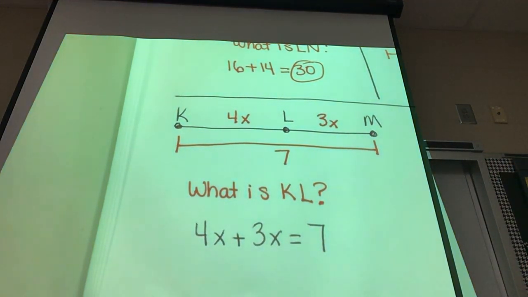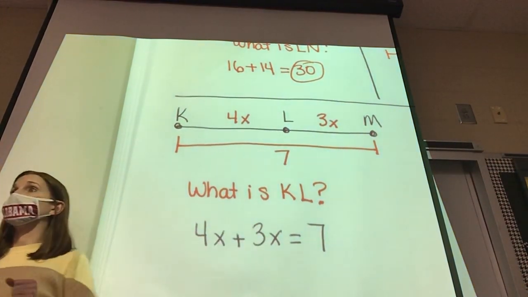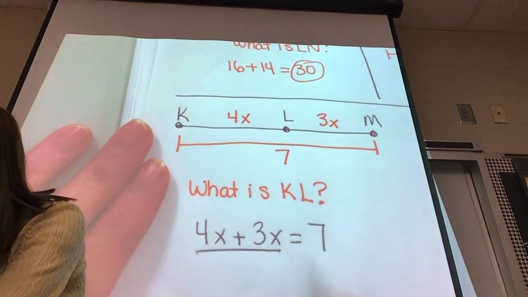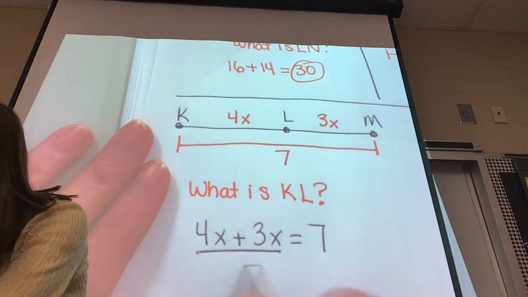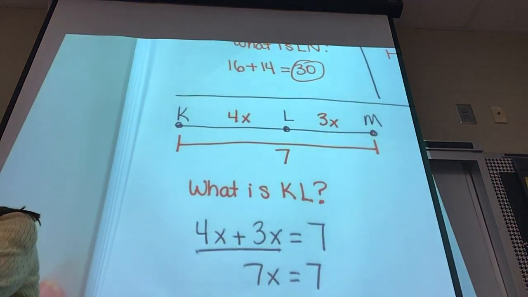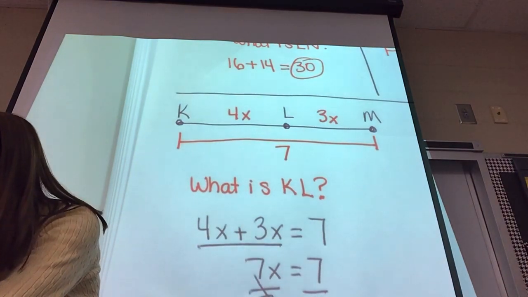Now, you should be able to solve this. What is 4x plus 3x? 7x. Like terms. Combine them, so 4 plus 3 is now 7x. So now if I divide this, x does equal 1.